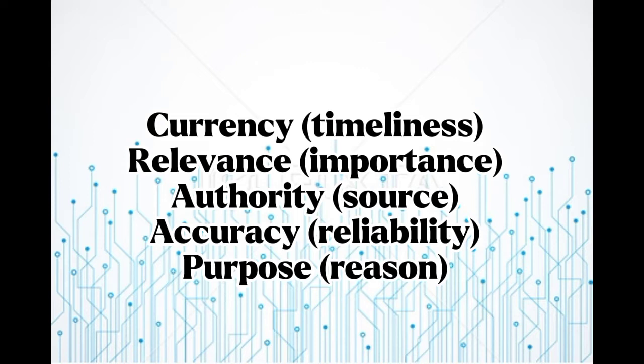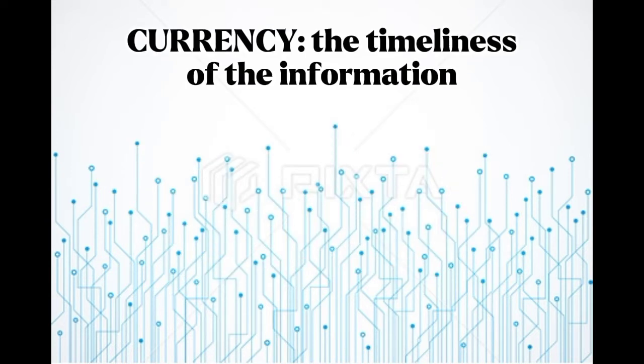The CRAAP method looks at 5 main criteria, which are currency or timeliness, relevance or importance, authority or source, accuracy or reliability, and purpose or reason.